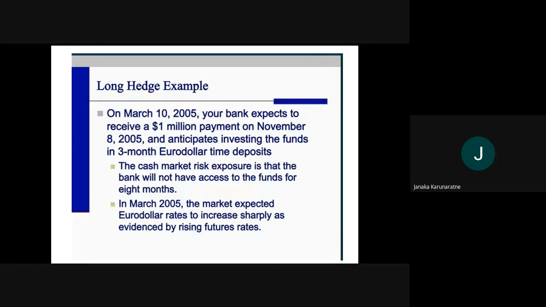So for example, your bank expects to receive 1 million rupees or dollars, whatever, in November, and anticipates investing the funds in a 3-month euro-dollar time deposit. Now, what is the risk to you?